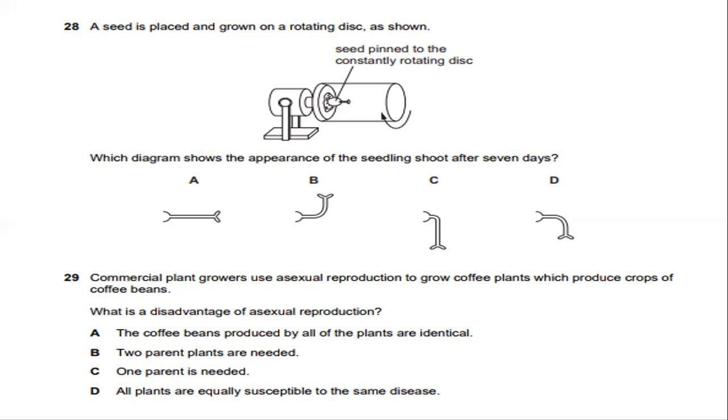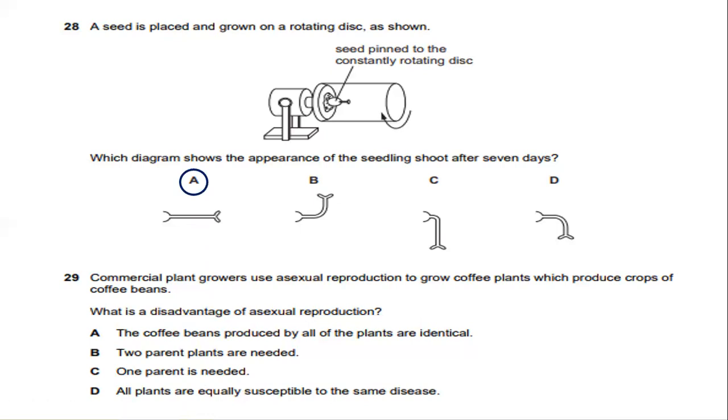So this question is related to coordination and response in plants. The seed is placed and grown on the rotating disc, and we consider the appearance after 7 days.